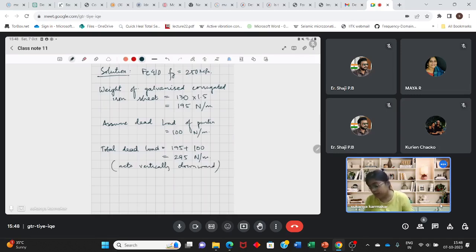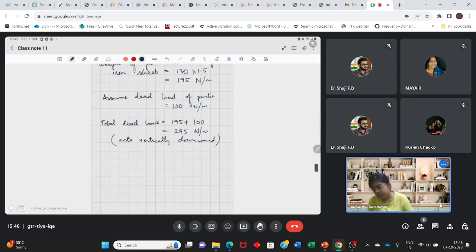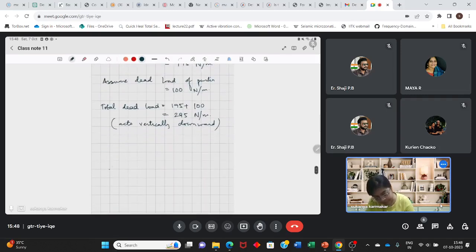Suppose this is the dead load. This angle is 30, then this angle is also 30. So we need the component of the dead load parallel to the roof and perpendicular to the roof. Suppose the dead load is 295 Newton per meter.